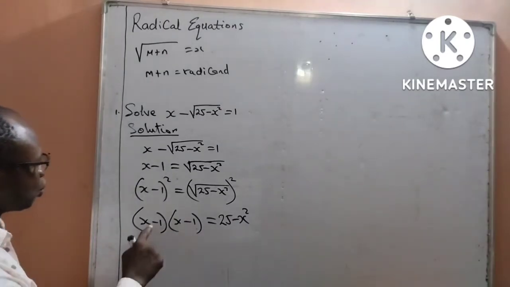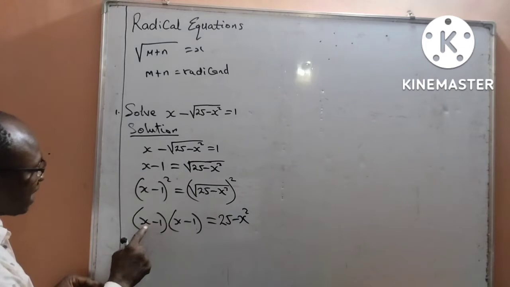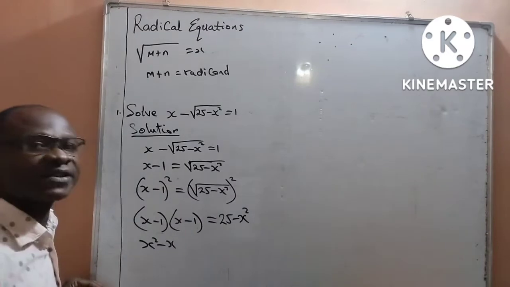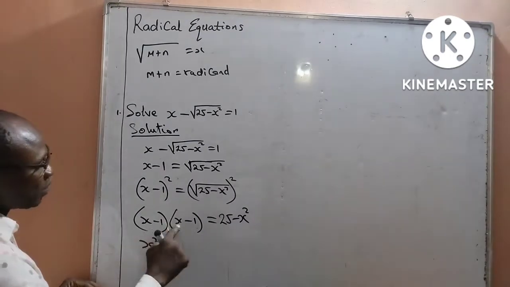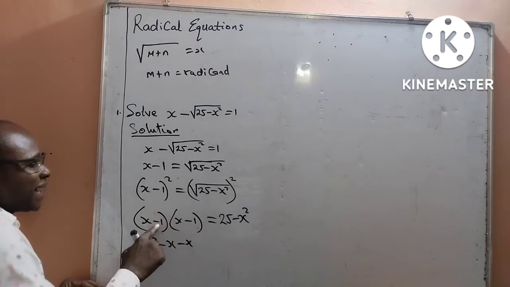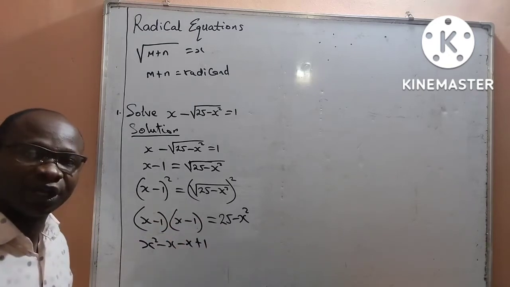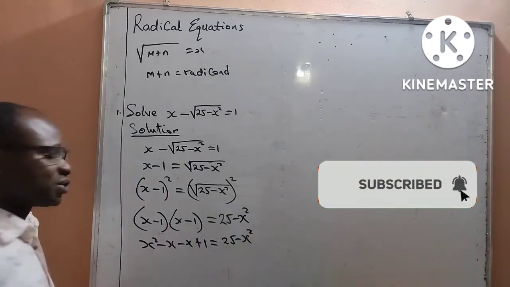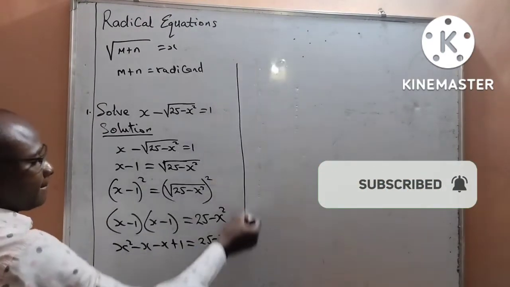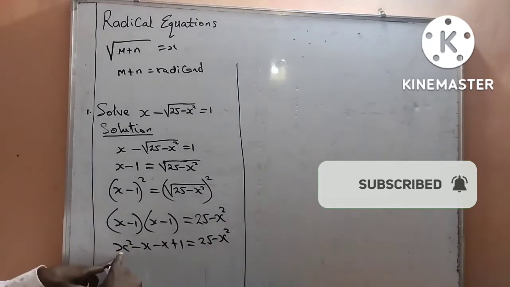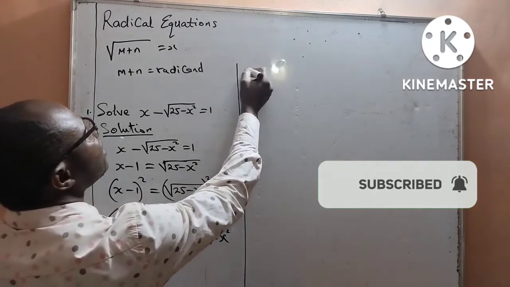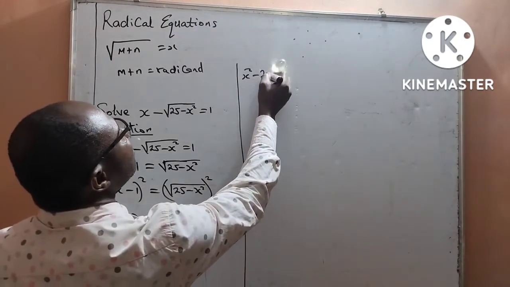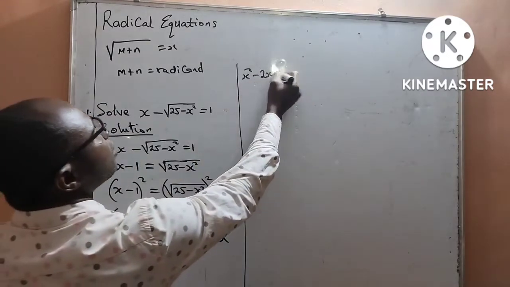The next thing I will do is to open these brackets: x times x will give me x squared, x times minus 1 will give me minus x. Then minus 1 times x will give me minus x, and minus 1 times minus 1 is going to give me positive 1, all equal to 25 minus x raised to the power 2. Therefore, I now have x squared minus x minus x, which gives minus 2x, then plus 1.